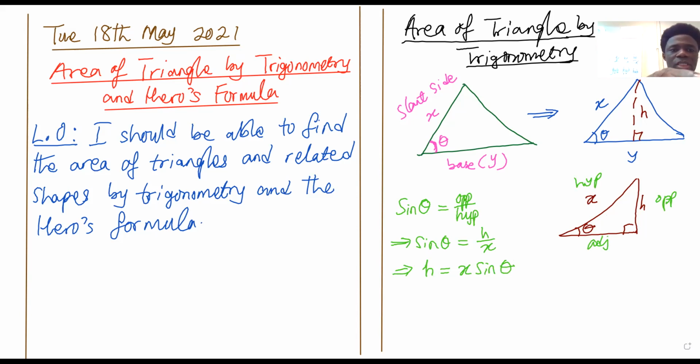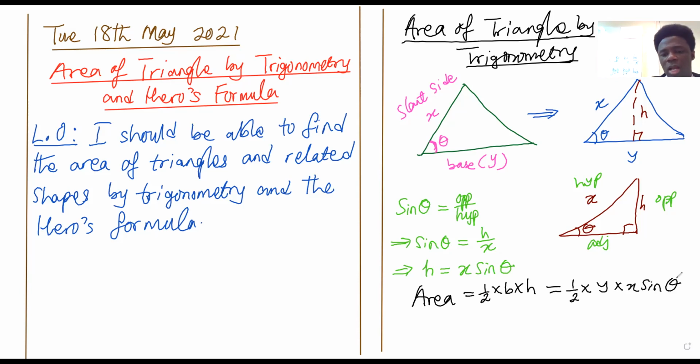The implication is that the area we're looking for, we know that area is half times base times height. So this time around, our area will be half times our base, which is y, times our height, which we have just found to be x sine theta. That led to the new formula: area is equal to half xy sine theta.